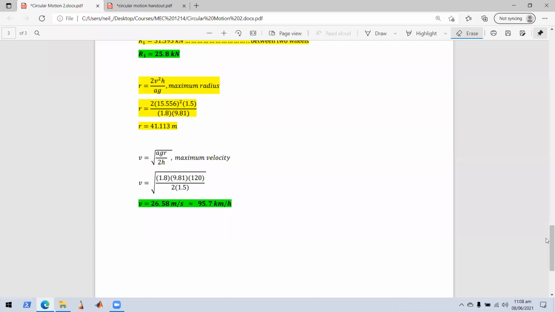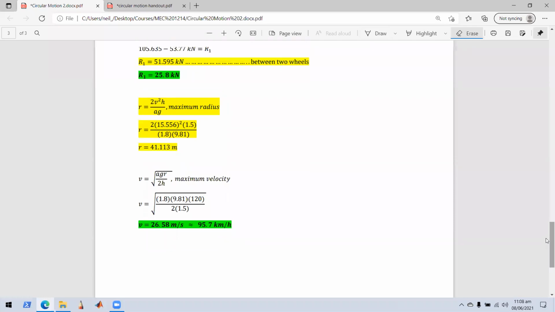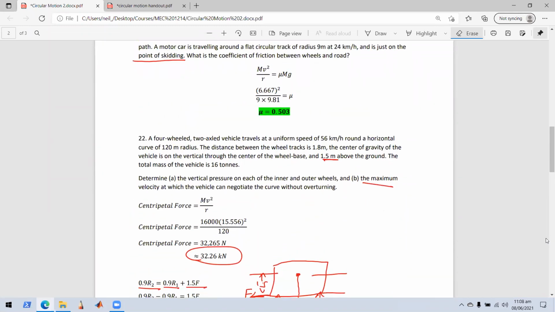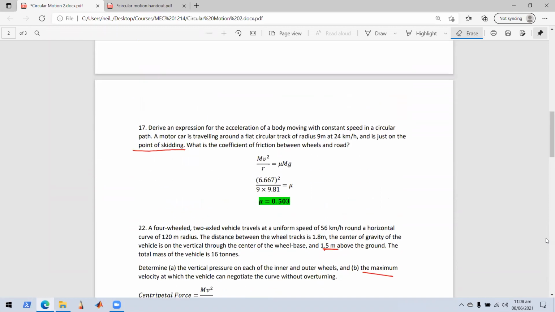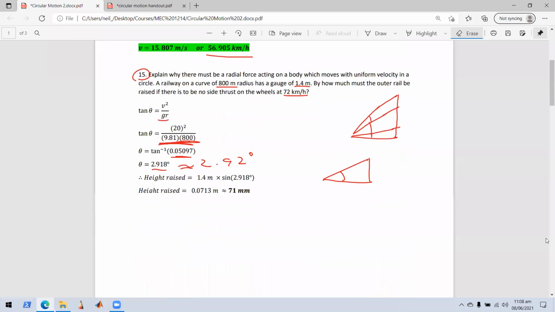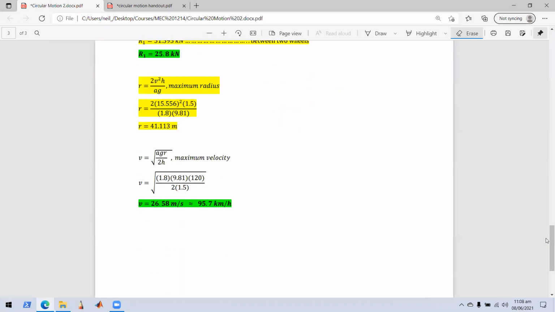You guys have a test Thursday, right? Yes, sir, we do. So it could either come on the pendulum stuff, or this stuff.